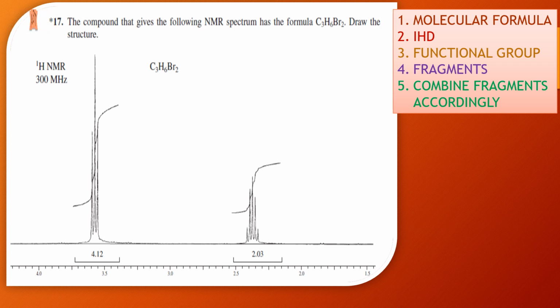Third, we need the functional group, which could be found from the IR, but usually in a simple H NMR problem it is mentioned which functional group is present in the molecule. Then we find the fragments with the help of the spectrum, and then we combine these fragments so we can get the structure.